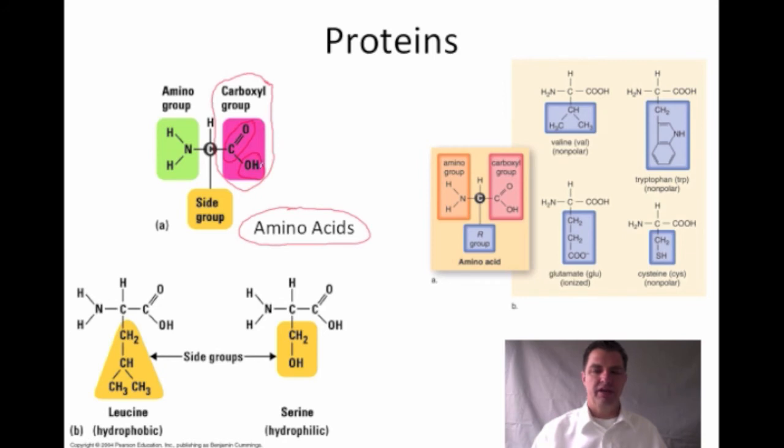And so that's my double bonded carbon and oxygen. That's my hydroxyl group there. Collectively, this whole thing's called a carboxyl group. In addition to that, we have the amino group, which is the nitrogen and two hydrogens, as you see there. So that's what makes an amino acid.